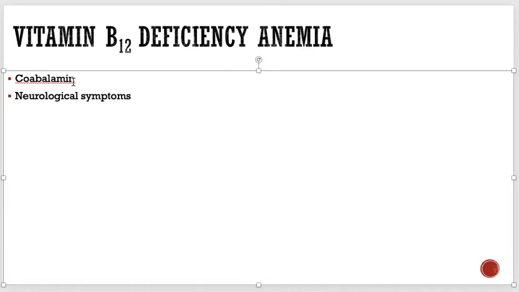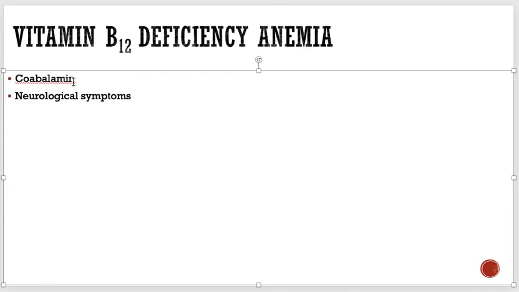It's very important to treat it in time, before this can occur. Remember, the general symptoms of anemia will come in any type of anemia, but specific symptoms we can look for clinically, on history and on examination, just to know what kind of anemia is there.